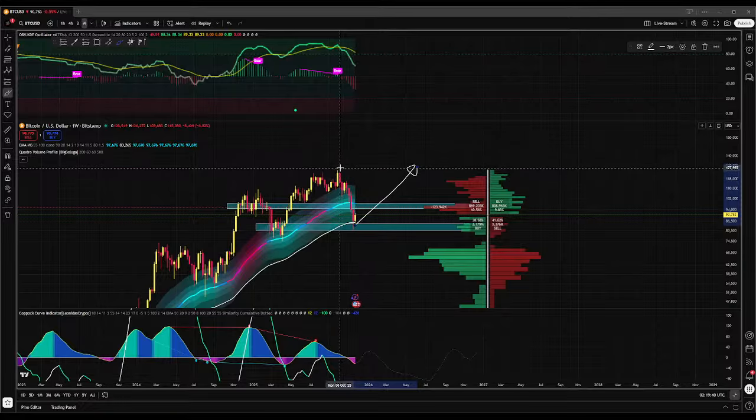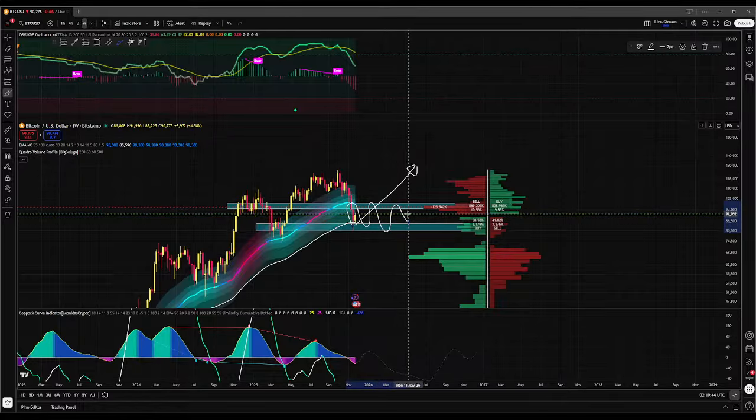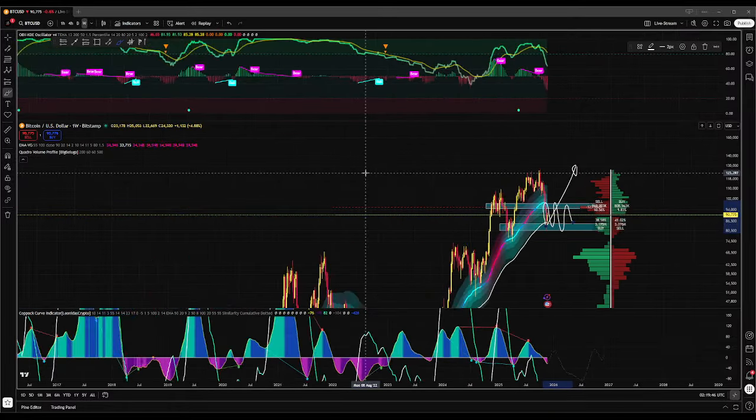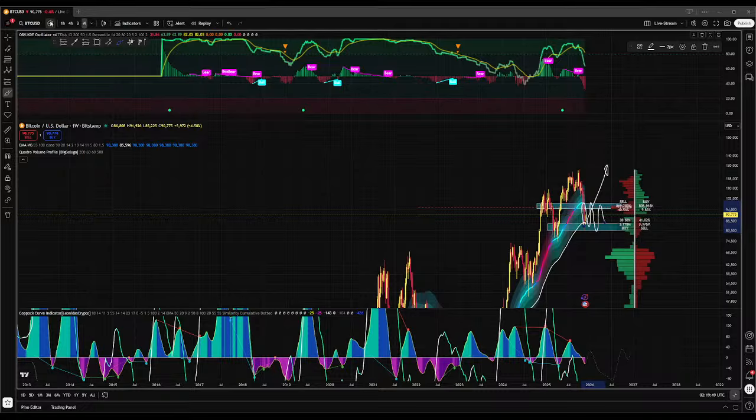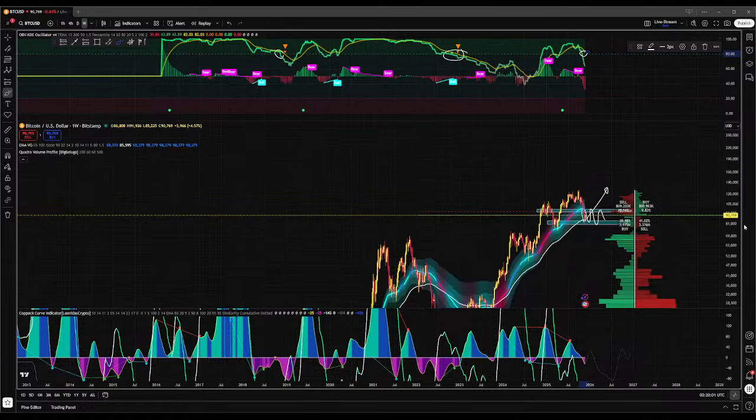In my case, I am defensive. I am just looking for sideways for the next 3 months, potentially. Why? Because, again, if we study the OBV in the weekly chart, every time it is breaking this 80 level here, we have something very interesting.